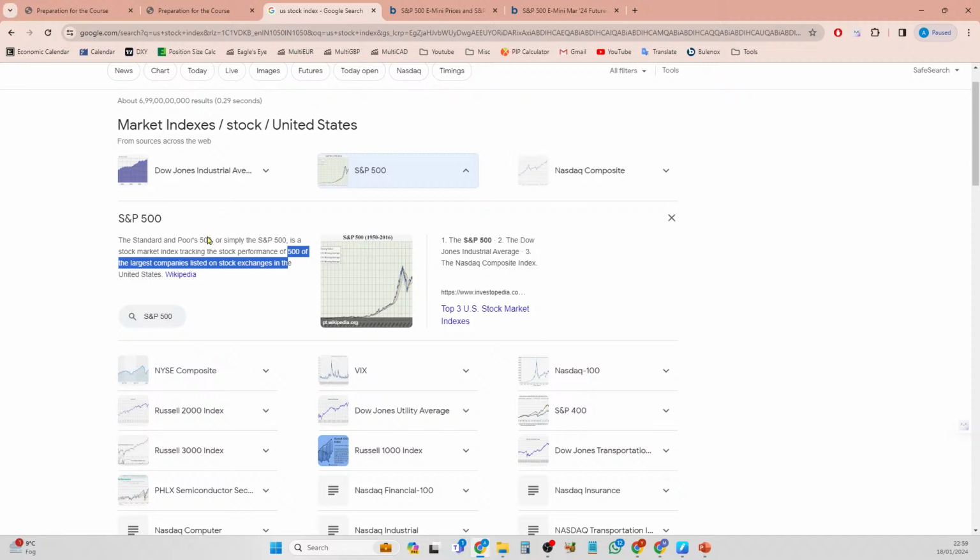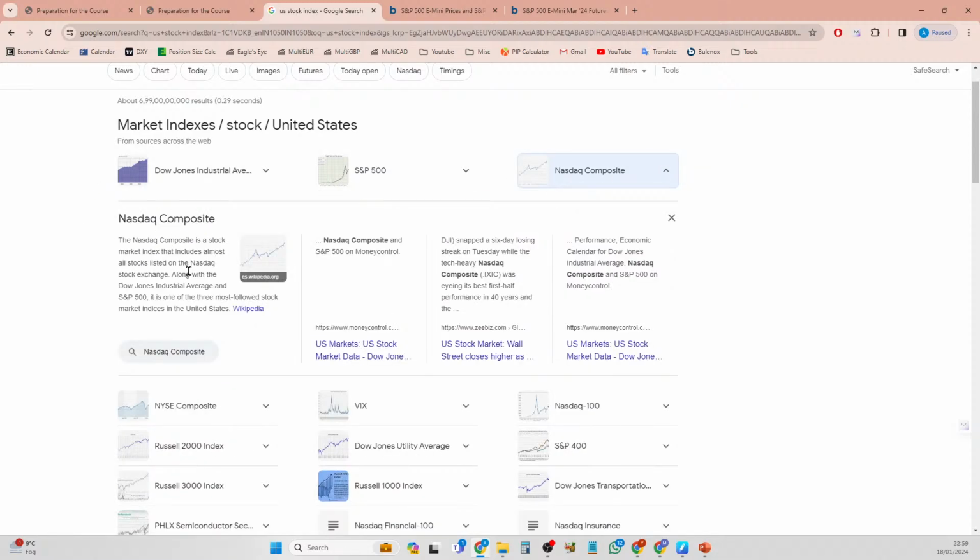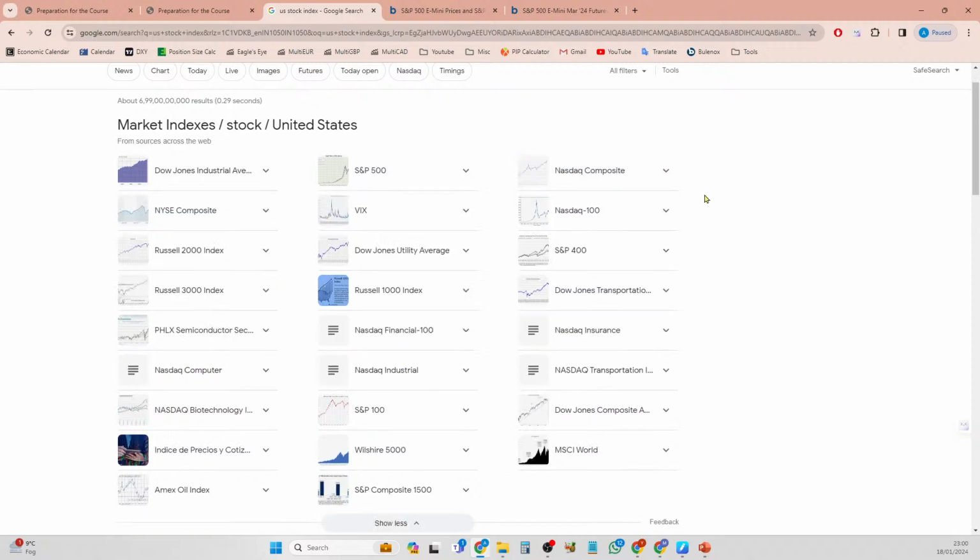So S&P 500 is the index that we'll be using for our index futures trading. We'll get into futures part later, but you need to understand that there are a number of indices that can be tracked for US market. So there is another one called NASDAQ Composite. So in this course particularly, I'll be focusing on S&P 500.